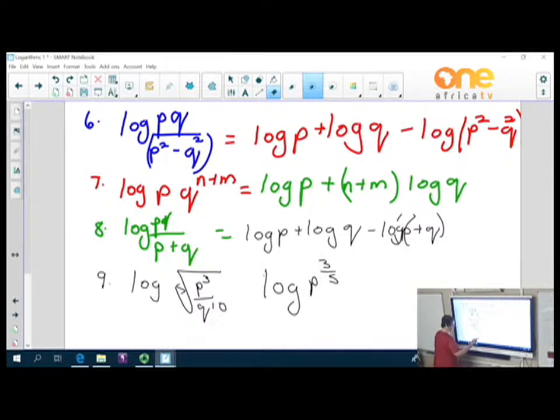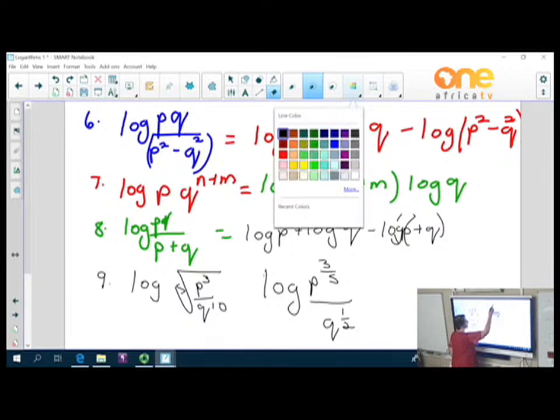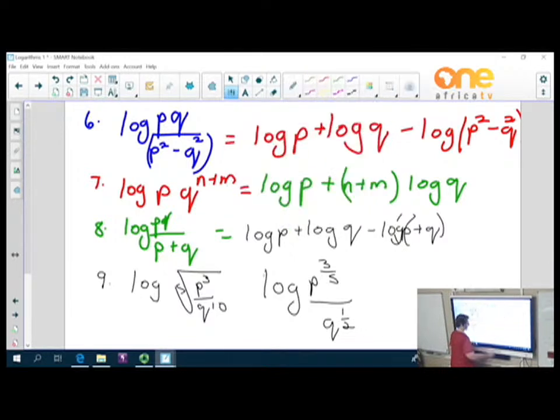And then 5 over 10 is then Q to the half. Can you see? First removing the root in there. And then I would say bring down the power, so it's 3 over 5 log P minus a half log Q.